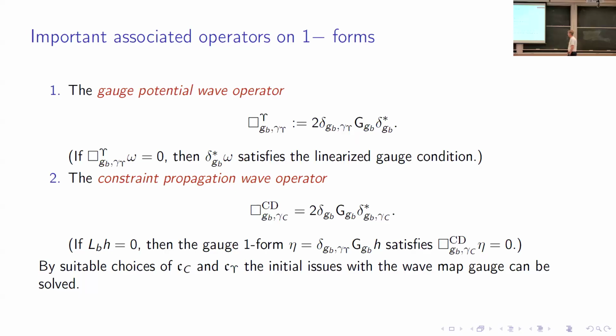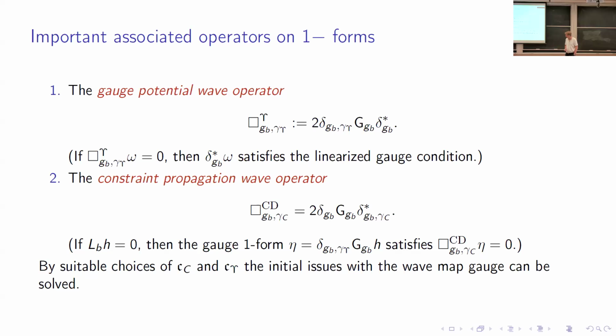The other operator is the constraint propagation operator. If you have a solution of your linearized Einstein equation, then this 1 form satisfies this equation. These are the two operators that you have to control at the principal level, and in particular, the mode analysis has to be done for all Fourier operators. Okay, any questions on that?